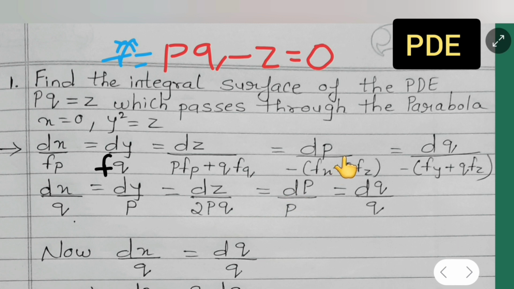2pq is equal to dp upon minus Fx plus p into Fz. Fx is nothing but, can you differentiate this with respect to x? No, the x term is not there, so it is 0. What is left is minus p Fz, minus p times minus 1.